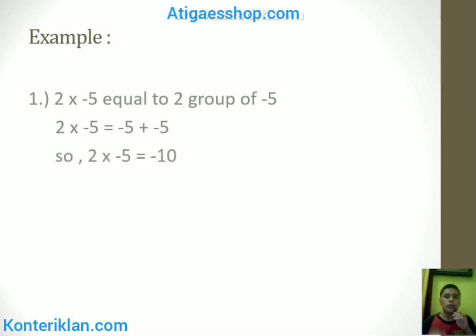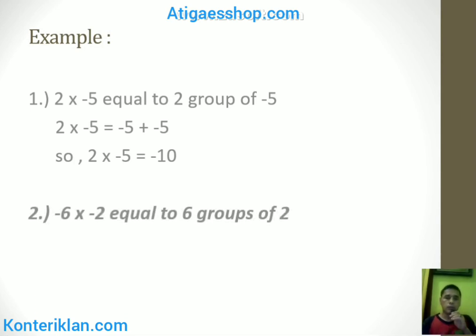So 2 times negative 5 equals to negative 10. Why is this one negative? Again, if a positive number multiplies a negative number, it should be negative, as you saw the concept in the previous one. So positive 2 times negative 5 should be negative 10.